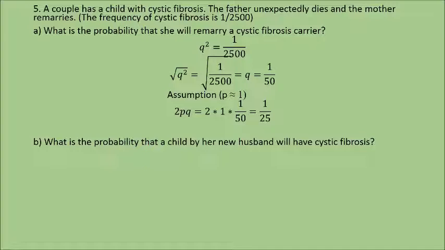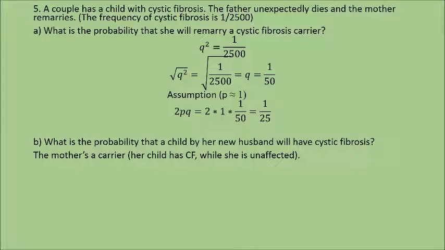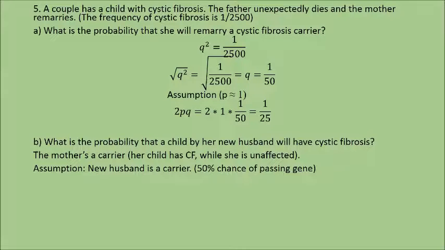Next it says, what is the probability that a child by her new husband will have cystic fibrosis? The mother is a carrier, and we know this because her child has cystic fibrosis while she is unaffected. For this particular problem, there's another assumption, which is that the new husband is a carrier. Carriers have a 50% chance of passing on a defective gene.